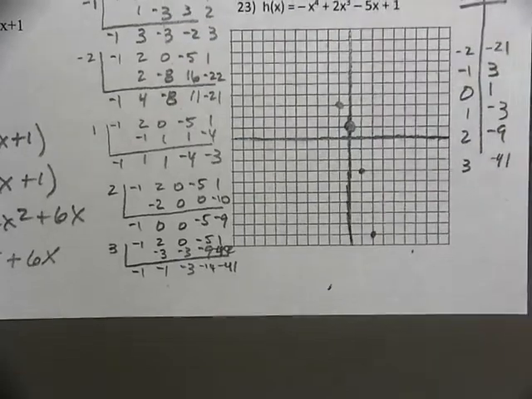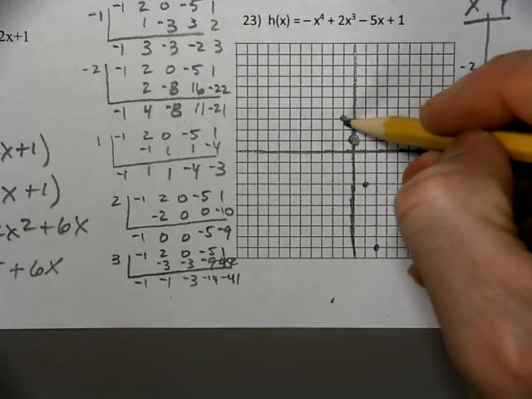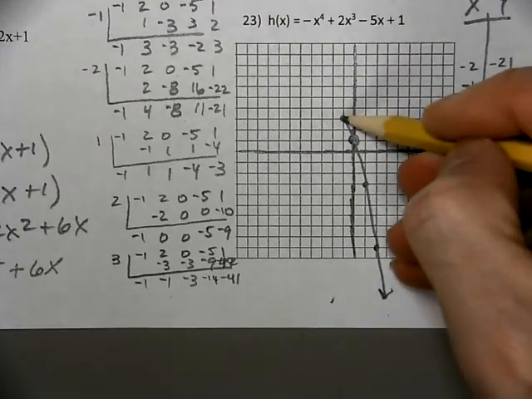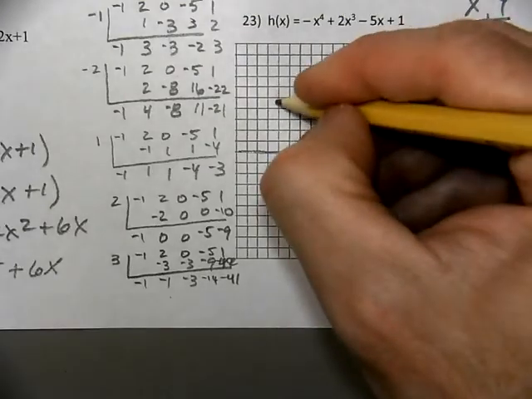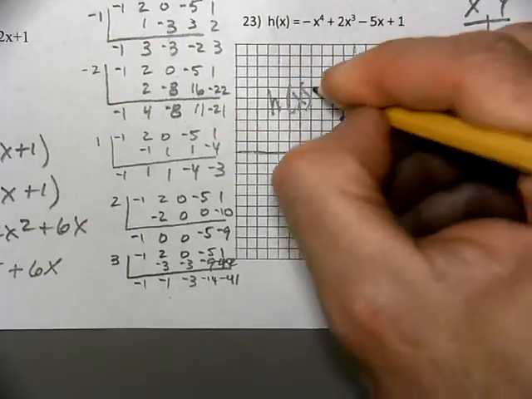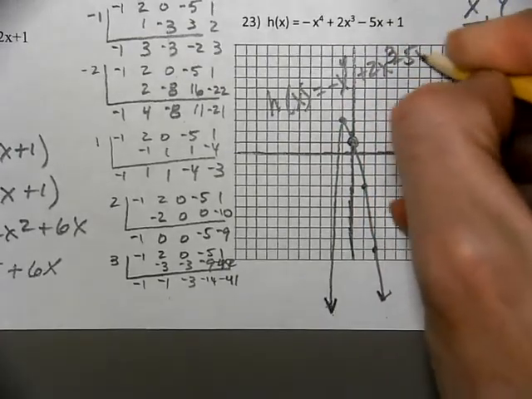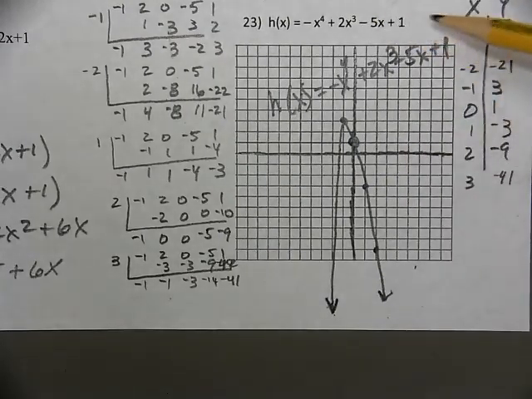And when we add 1 to that, we get negative 41. So this just happens to be a real funny one. It comes down. And our equation is h of x equals negative x to the 4th plus 2x cubed minus 5x plus 1. Just the way the numbers are laid out, it doesn't have 4 different factors, so it doesn't come through and cross 4 different times.